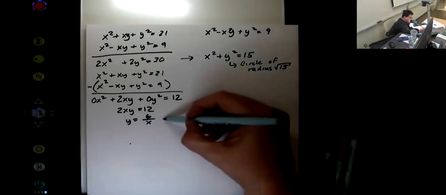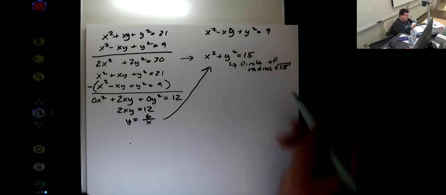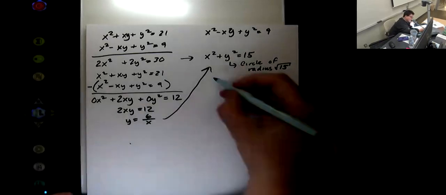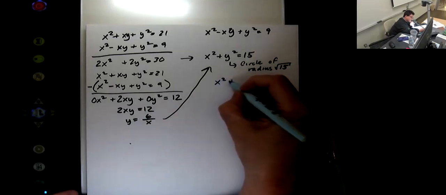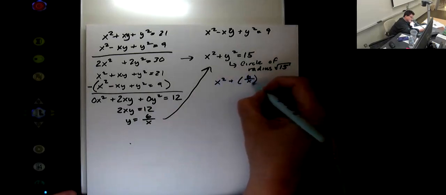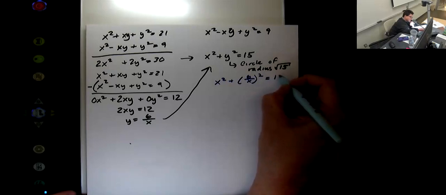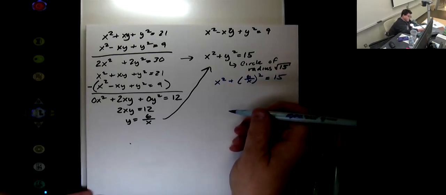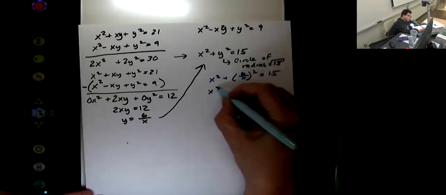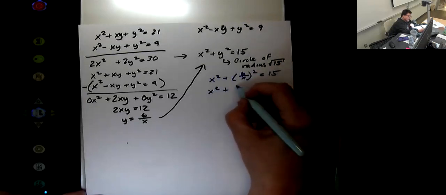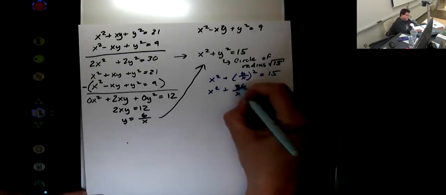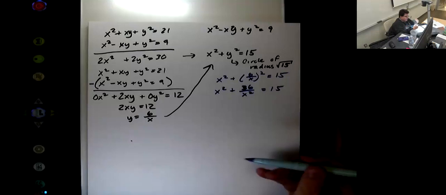So maybe I'll plug that in up here. I've got x squared plus (6 over x) squared equals 15.